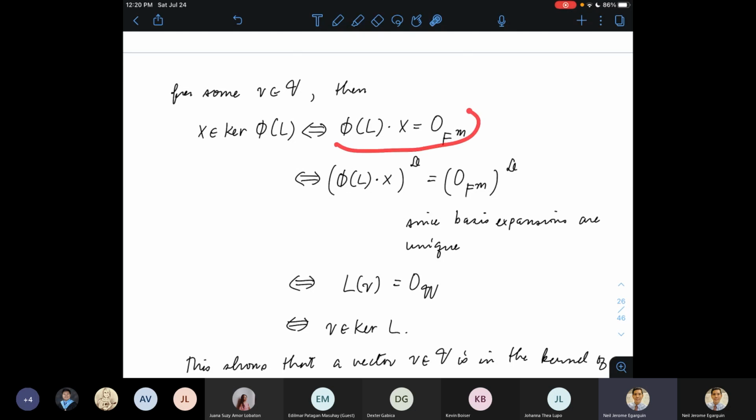Now, since these two guys are equal, what do they represent? Ano yung represent nitong phi L times X? Do you guys remember? What do I get when I multiply a matrix representative by a set of scalars? Actually, yung sagot in symbols ay nasa slide na. But how do we interpret this guy?